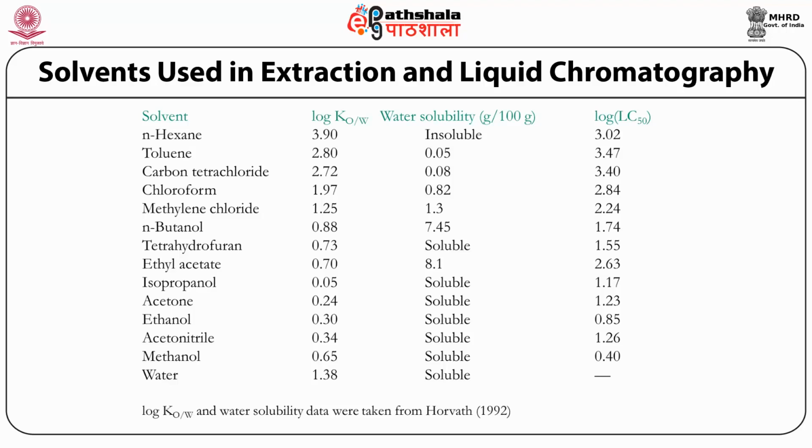Hexane is non-polar, then from toluene to ethyl acetate we have moderately polar solvents, and methanol and water are polar. This is particularly useful for selecting a solvent as well as a solvent mixture with respect to their water miscibility as well as their polarity index.